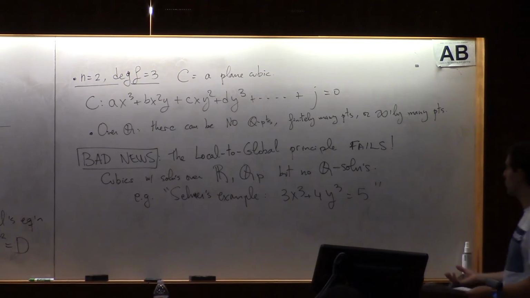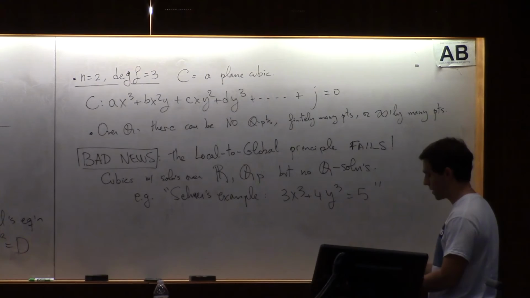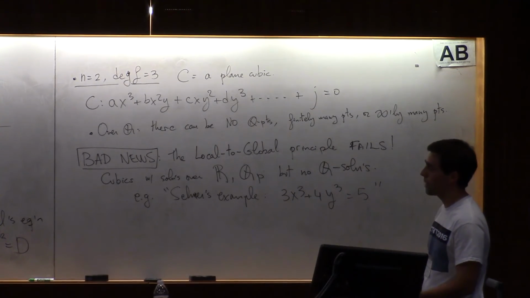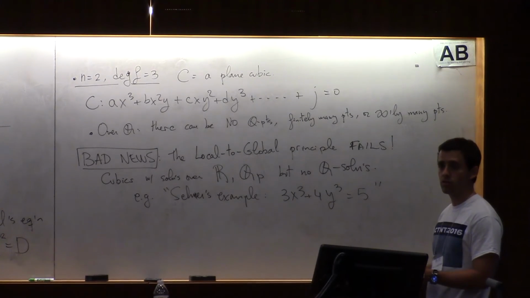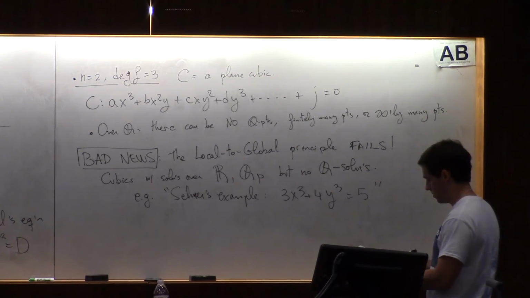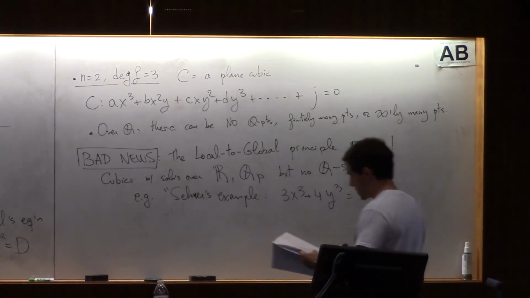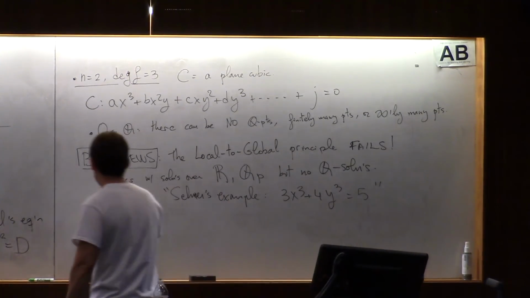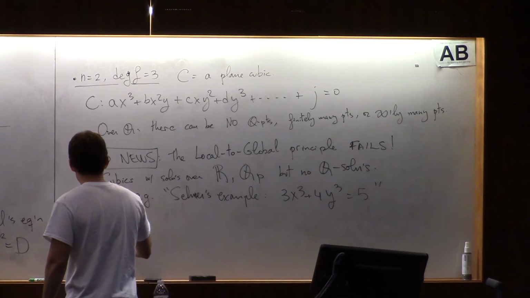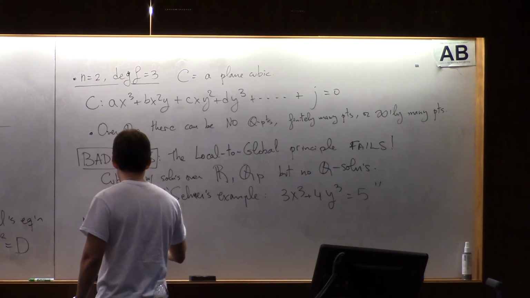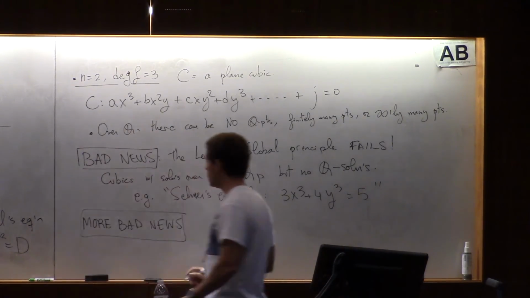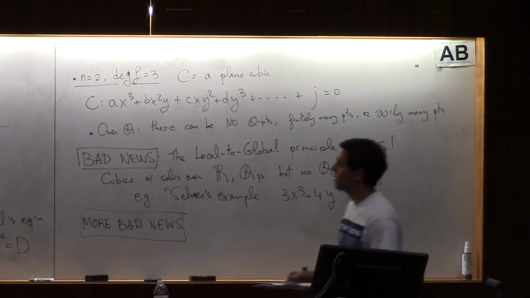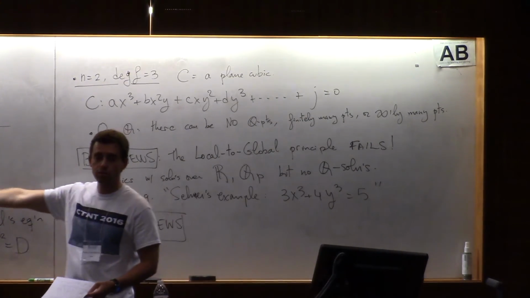So that's very tough news for us, because that was such a good method to find at least some computational method to find whether there are points or not. And the bad news keeps piling up, which is that this also fails to some degree.